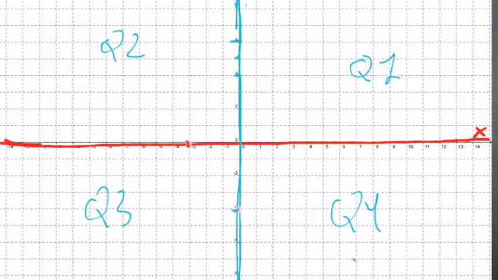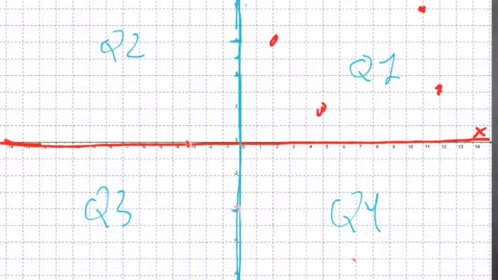Any point that's within the actual quadrant itself, not on the lines. We're not talking about points on the lines, because I'll get to that in a second. I'm just talking about the points that are actually in quadrant 1. Here's something you need to know about that point. It will always have its x and y as positive numbers, because that's that section of the coordinate plane.